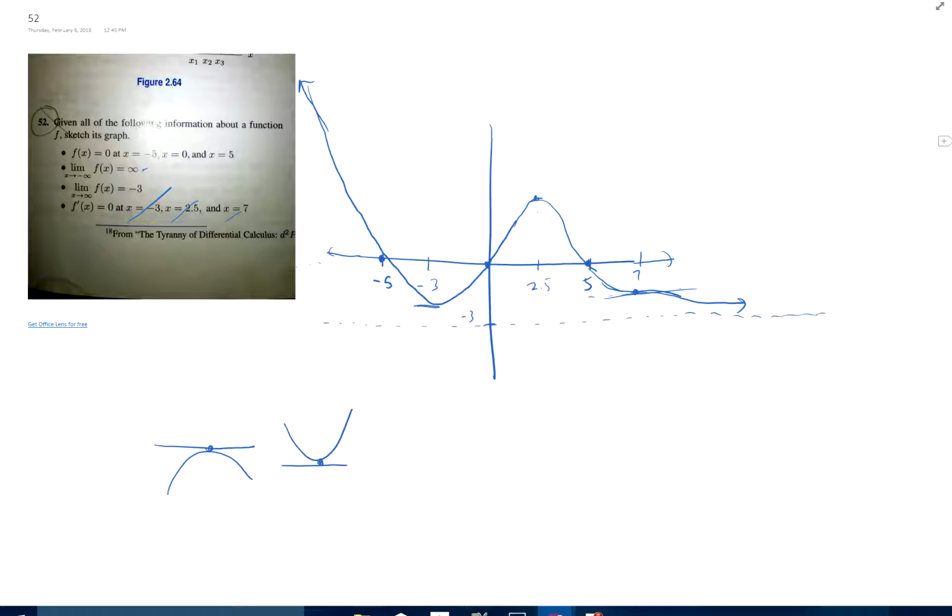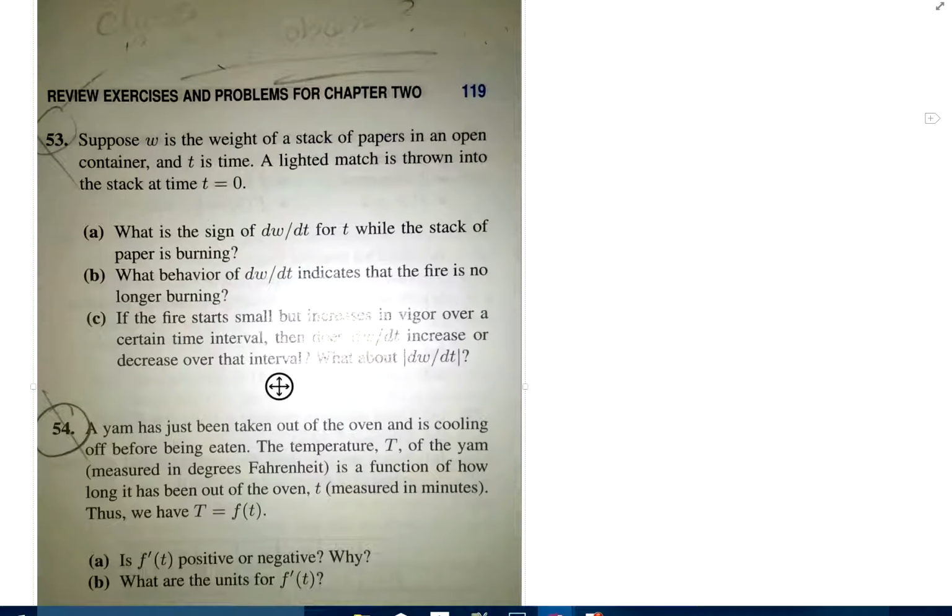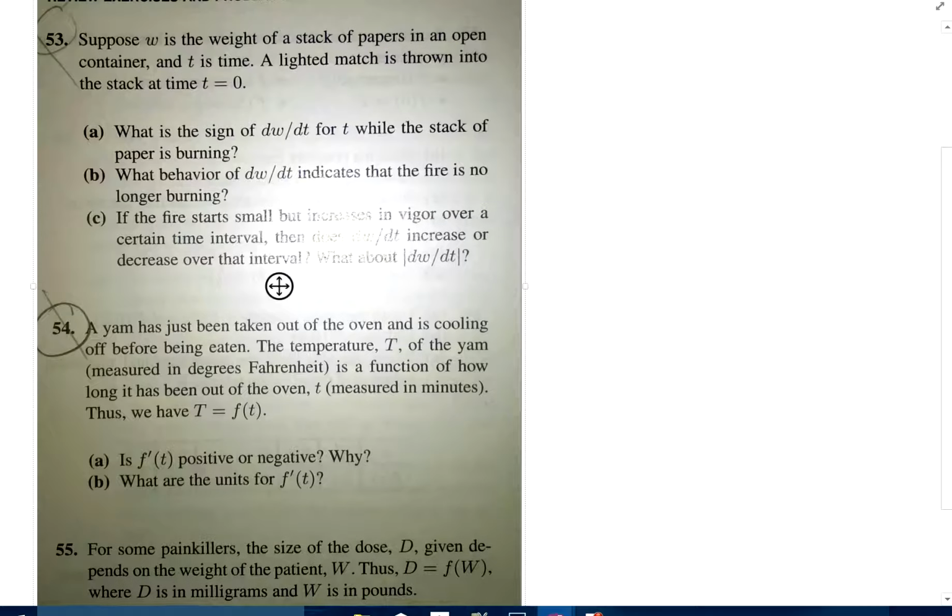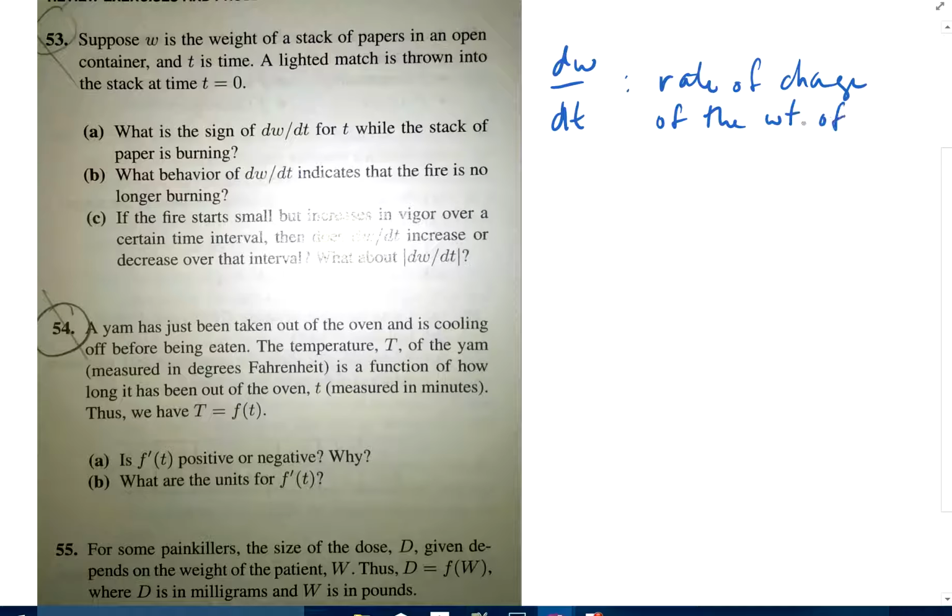All right, let's take a look at 53. Suppose the weight W is the weight of a stack of papers in an open container. T is the time a lighted match is thrown into the stack. What is dW/dt? Well, in words, that's the rate of change of the weight of the stack of papers, right?